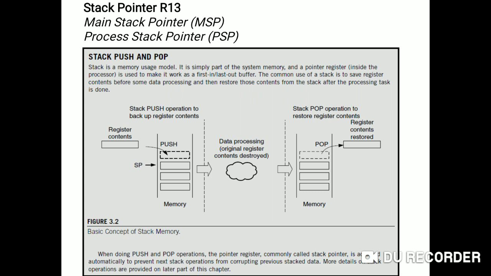When doing push and pop operations, the pointer register, commonly called the stack pointer, is adjusted automatically to prevent the next stack operation from corrupting previous stack data. More details on stack pointers will be covered in the next videos.